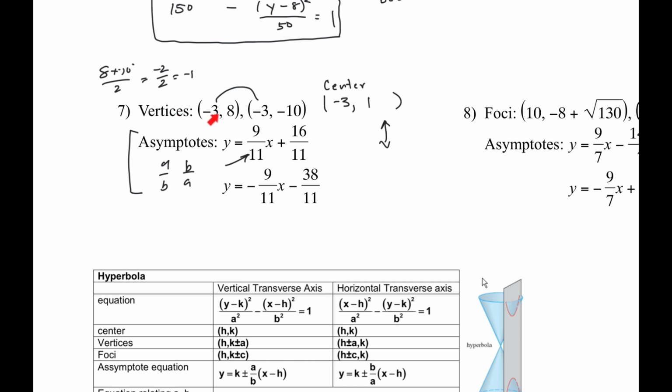My vertices are vertically above each other, so you have a vertical transverse axis. So this is my equation. What I really want to focus on, I don't really care about the constant value. I care about the slope. I know that the slope of my equation is going to be a over b. So I know that a is 9 and b is 11. If you know what you're looking at, that's actually a really nice shortcut.